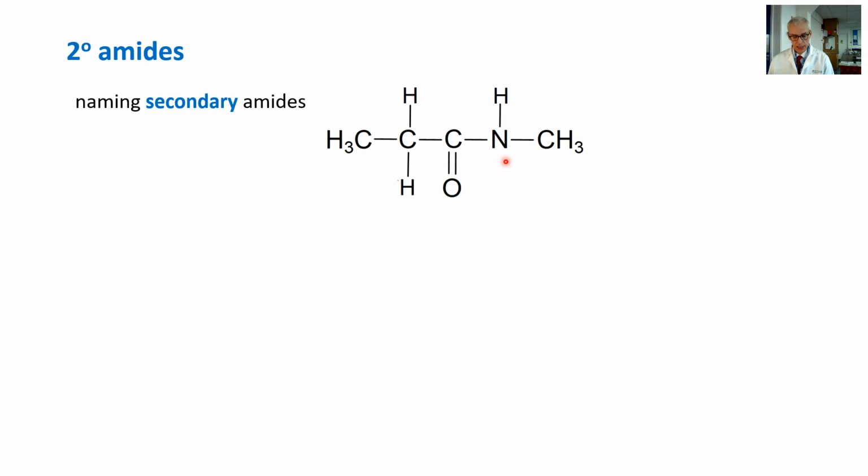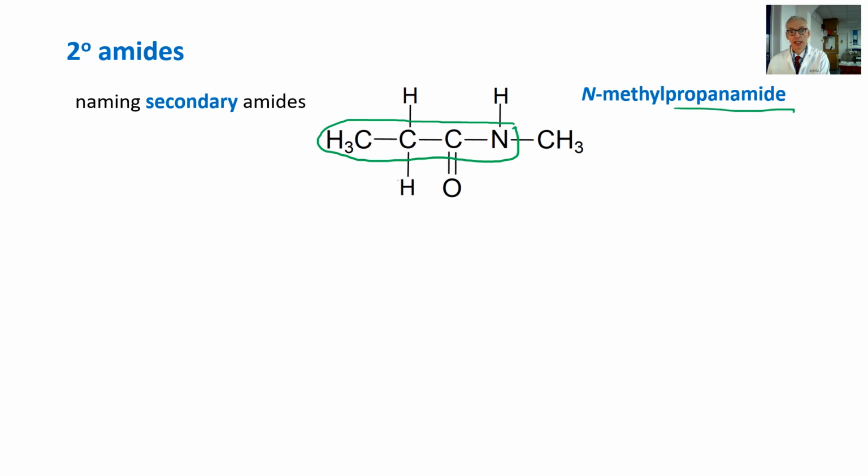So that is a secondary amide. Now we have an N naming system, so this is N-methylpropanamide. I'm identifying the amide and the longest carbon chain, so that is the propanamide part. But we've got to position this methyl group. Well, it's directly bonded to the nitrogen, so we indicate its position.